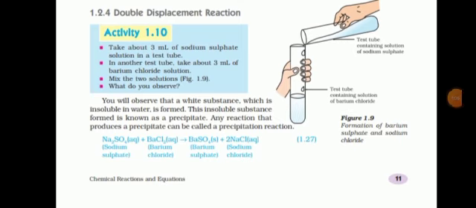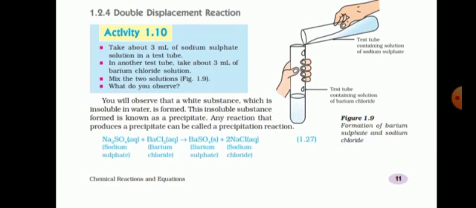The first step is to take about 3 ml of sodium sulfate solution in a test tube, and the second step is to take another test tube and add 3 ml of barium chloride solution.